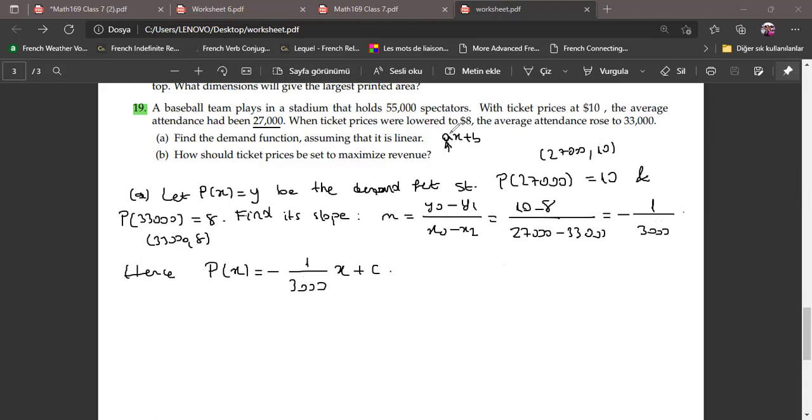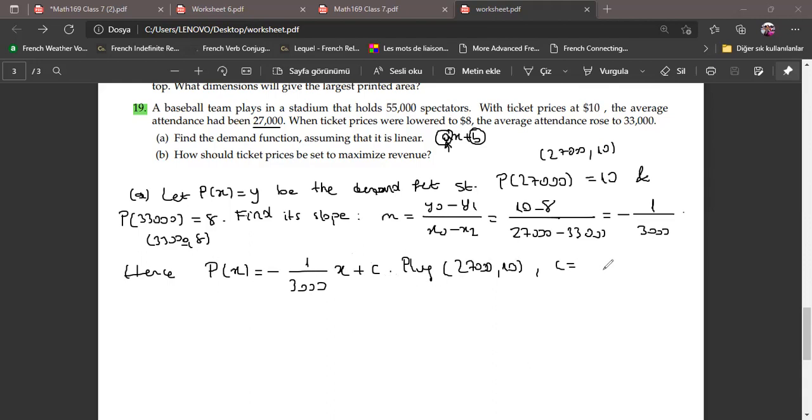Okay, we found that a. We need to find that constant now. How can we find it? We can plug any point on it to find that C. If we plug, for example, this point, instead of X we write this point and equalize it to 10, right?